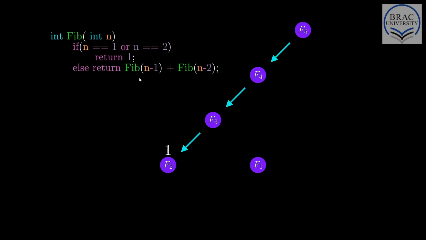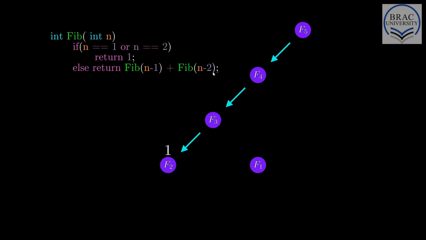Since it has called Fibonacci 2, for the first time the if case comes true. If n equals 2 here, it will return 1. Since Fibonacci 2 has returned 1, the next call should be Fibonacci 1.